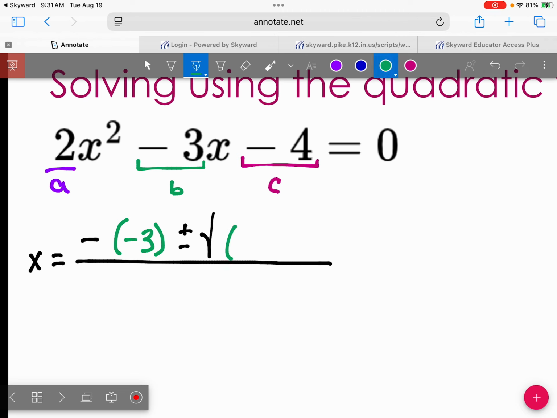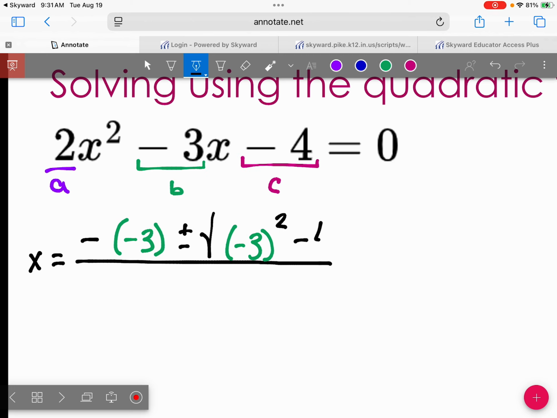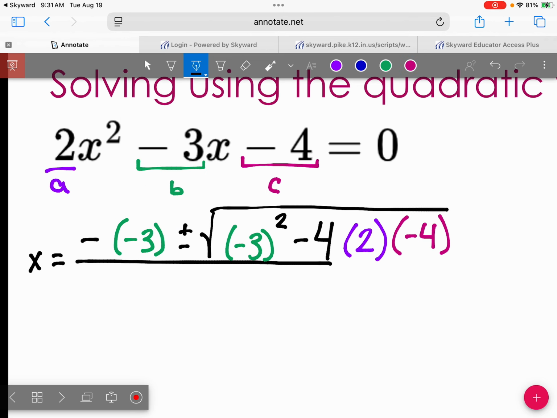So our b squared minus 4 times a times c. There's my root and my fraction all over 2 times my a. So I like to color code it. I like to put everything in parentheses when I substitute them in and go from there.